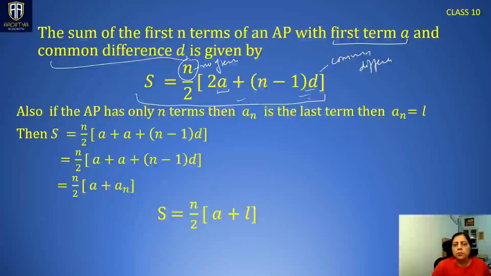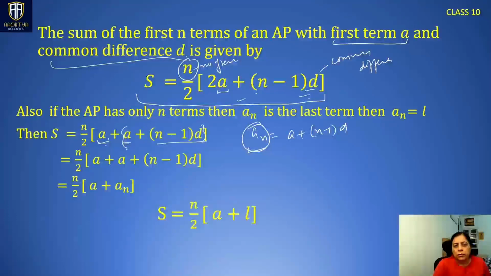This is in case your last term is not known. Now, there is a special case: you can break this 2a into a plus a, and then we have n minus 1 d. See here carefully: if you drop this one a, the value is a plus n minus 1 d, and we know that a plus n minus 1 d is nothing but an, the general term, the nth term.